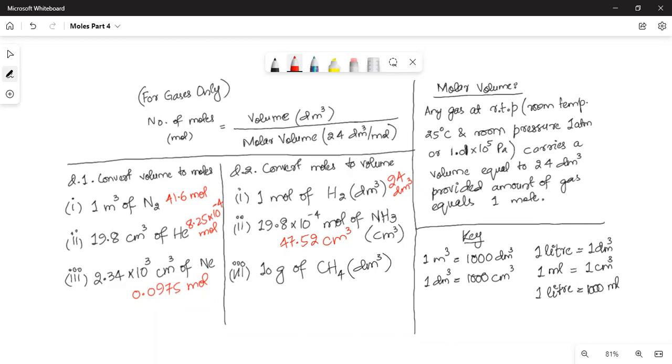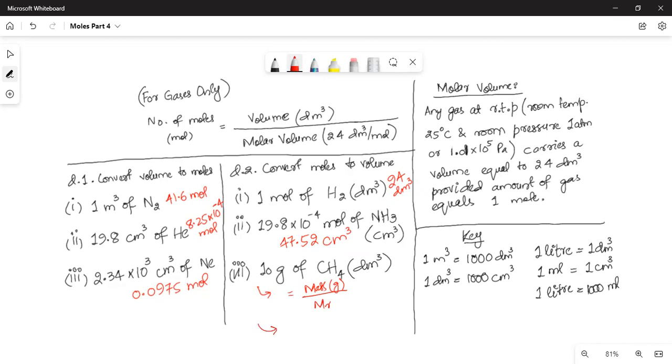Are you doing it correctly? Okay, let me tell you there are two steps to this one. First is mass over MR, mass which is taken in grams, which is given in the question, and MR should be of methane, CH4.